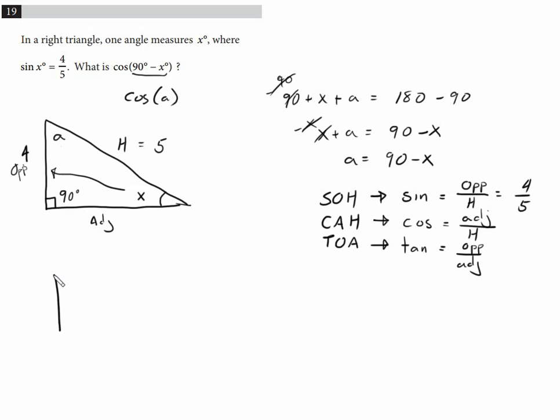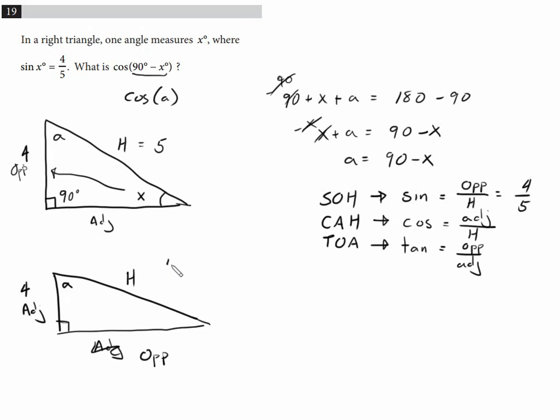So let's redraw this triangle. And with respect to angle A, the long side is still the hypotenuse, but this becomes the opposite, and this becomes the adjacent.